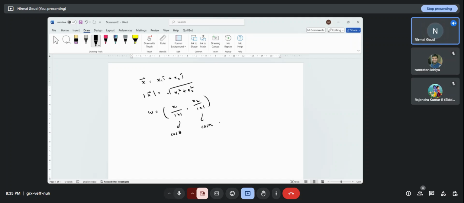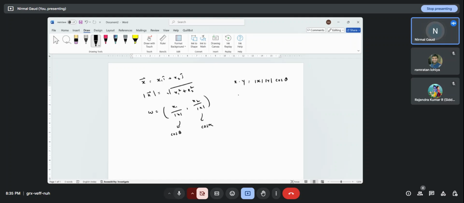Also, we found the product of two vectors, x dot y, that is x y cos theta. Theta is the angle between the two vectors, and we did some maths here.